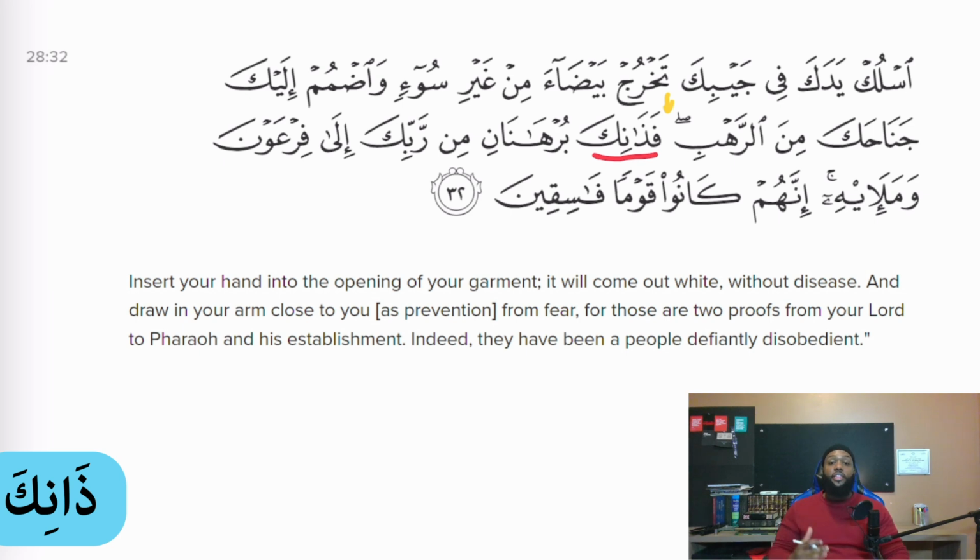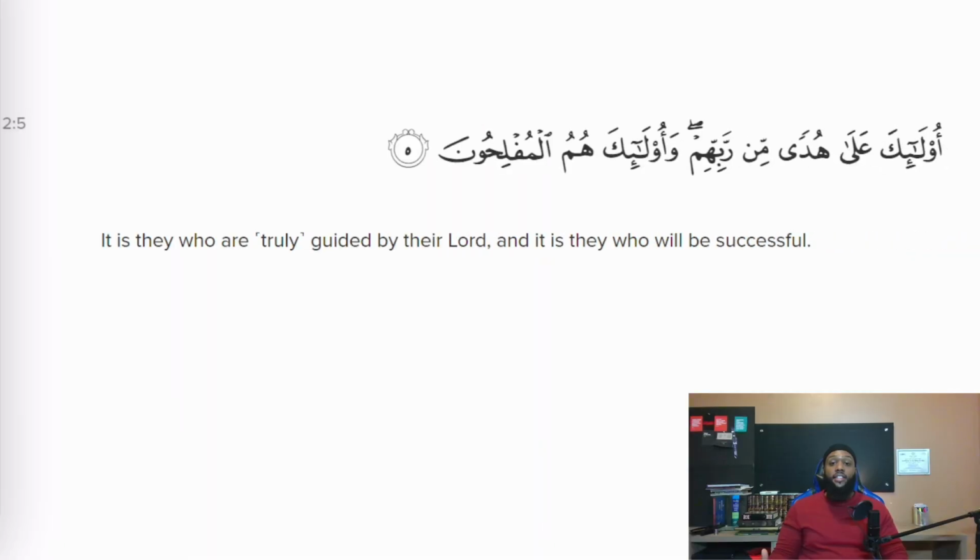In which dhanika would become dhainika, right? And I couldn't find an example of dhainika, but it changes in the state of nasb or jar, right? Dhainika. I couldn't find any examples of tanika and tainika, the dual feminine form of tilka, but I think that the examples that were given are sufficient for us to see how they would be used throughout a particular text, inshallah.